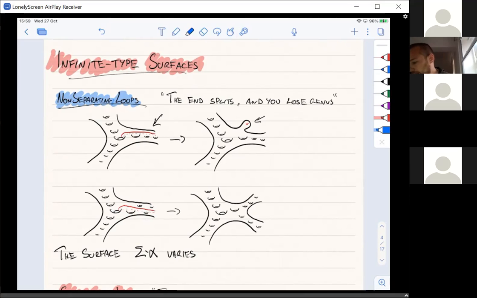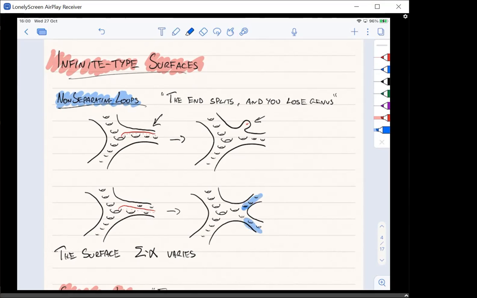Right. So what happens here is the end still splits, but now the topology is different of both these ends. Well, one of the ends. One end stays as this end accumulated by genus, and the other end, you have two copies of this Loch Ness monster that appear now. So that corresponds to this subsurface and this subsurface.